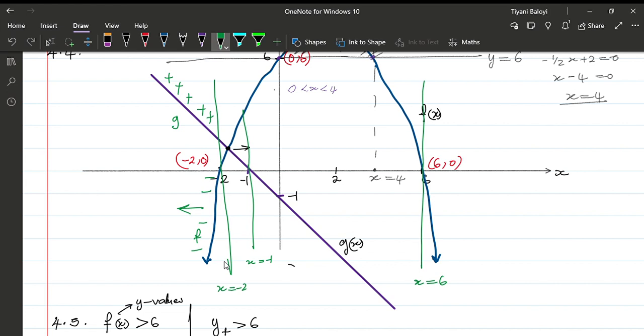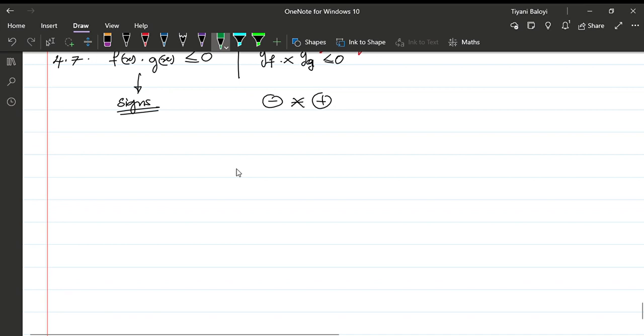A negative answer. And since f is 0 at x is equal to -2, when you multiply 0 and any value that you have here, which is positive on that side, you get a 0. So we already have a solution. So let's add our solution: x is less or equal to -2.